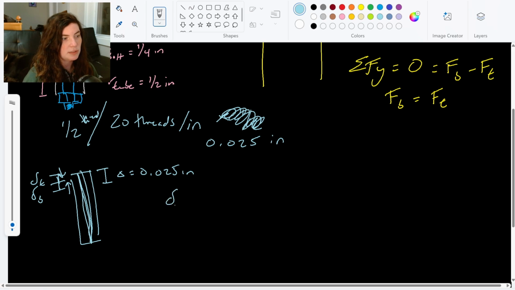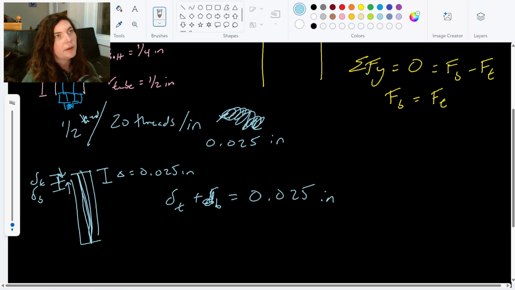Our displacement for the tube plus the displacement of the bolt has to equal that 0.025 inches. So these two displacements combined give us this. That basically sets up our geometry of what's going on. That's our compatibility equation.